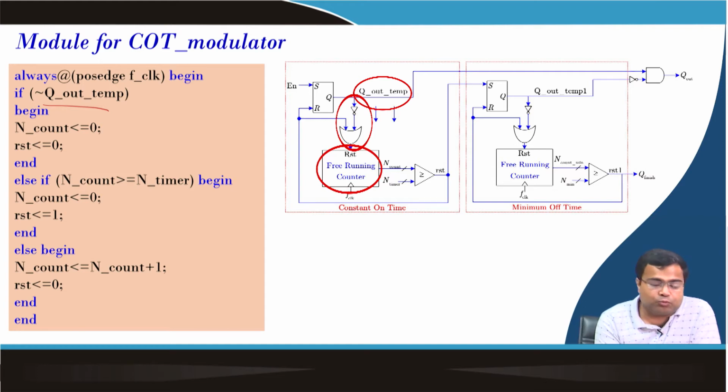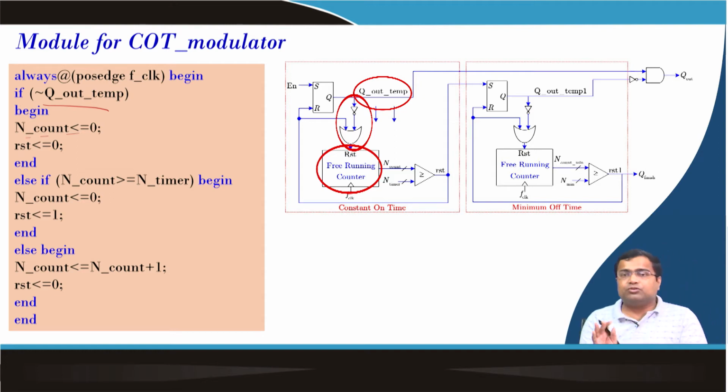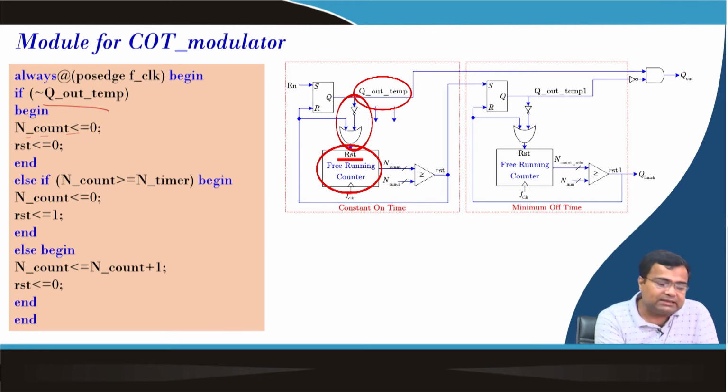If the Q output goes low, then this will be high, and in that case the counter is simply 0. That means we are not going to count when this goes low. When this goes high, then this signal will be low and this reset will be released. In that case, the counter will start counting, and reset is 0.